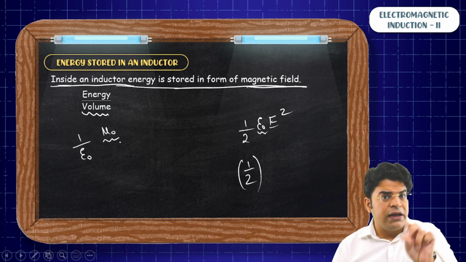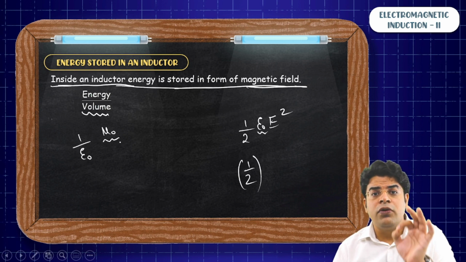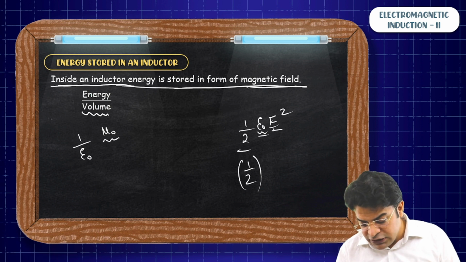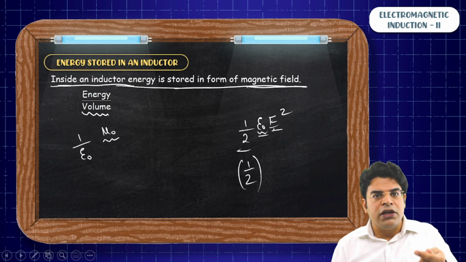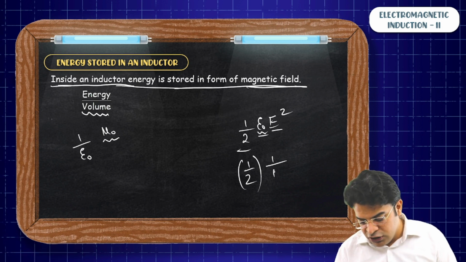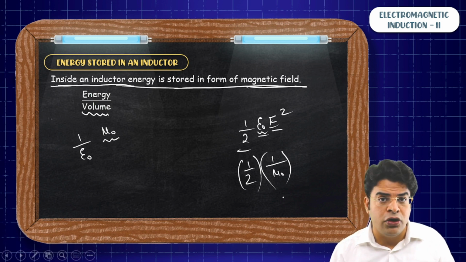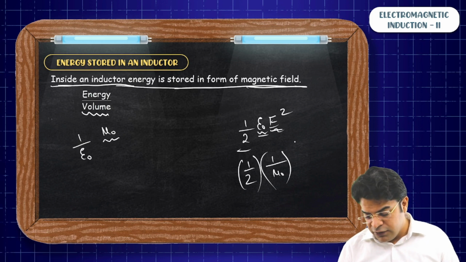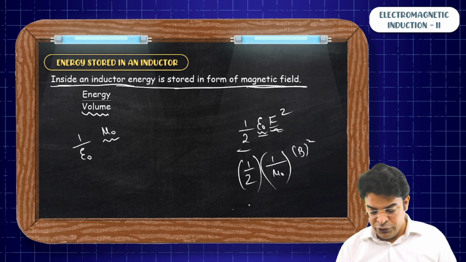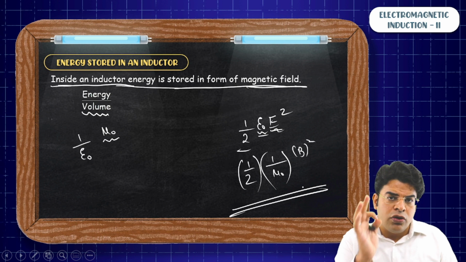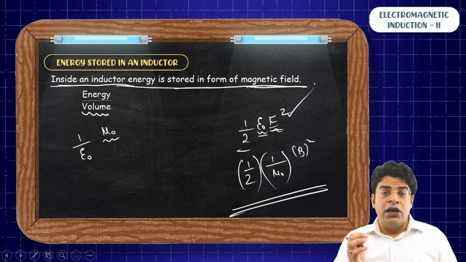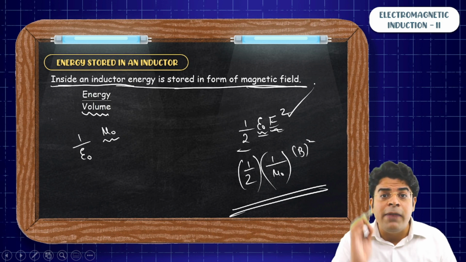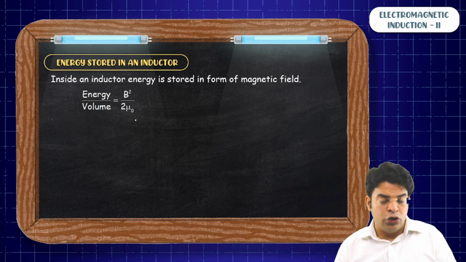Here, for the energy stored per unit volume, you do not get mu naught in the numerator, you get mu naught in the denominator. So this is the only time you usually find mu naught in the denominator. And in place of electric field, you simply write magnetic field whole square. So energy stored per unit volume in the form of electric field is half epsilon naught E square, and energy stored per unit volume in the form of magnetic field is given by B square by 2 mu naught.